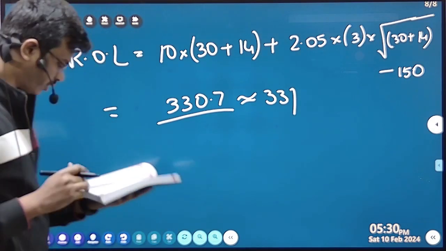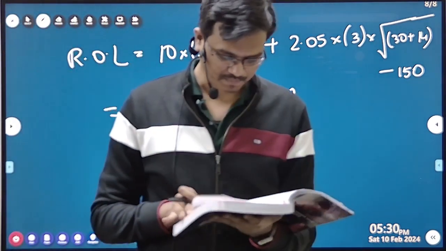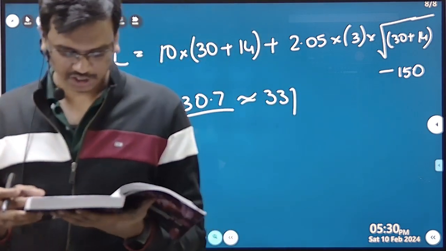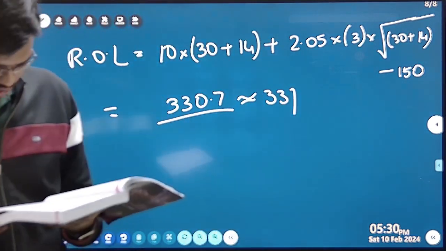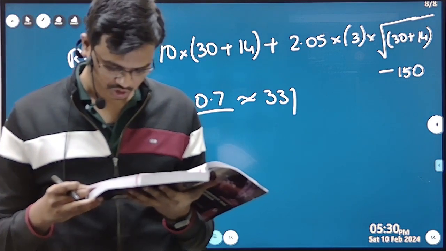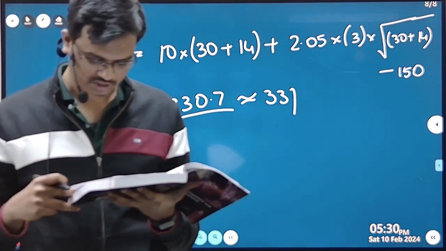Coming to the next problem. Suppose the following item is being managed using a fixed order quantity model with safety stock.